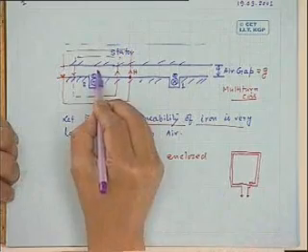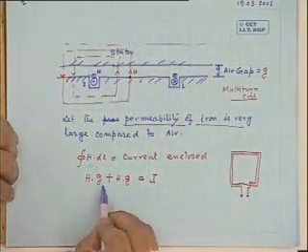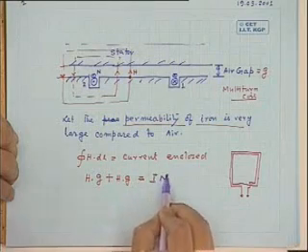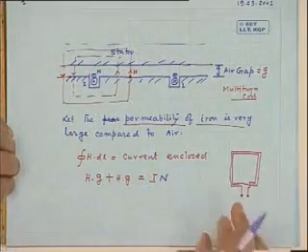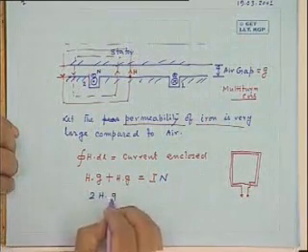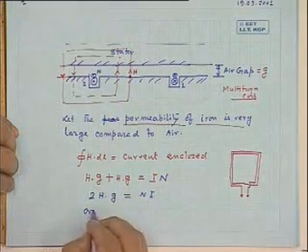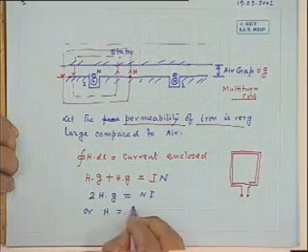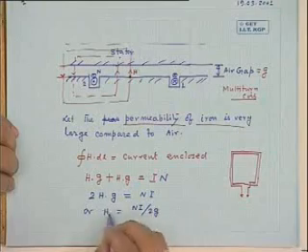Suppose the number of turns is N instead of a single turn coil, then this equation becomes Hg plus Hg equals N into I, where N is the number of turns of the coil. Therefore, 2Hg will be equal to Ni, or H in the gap here will be Ni by 2G.